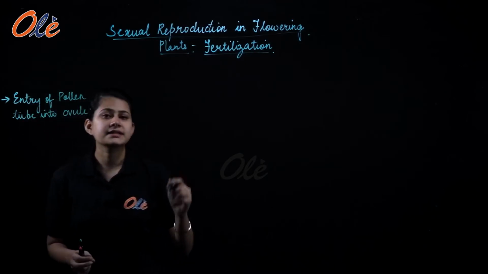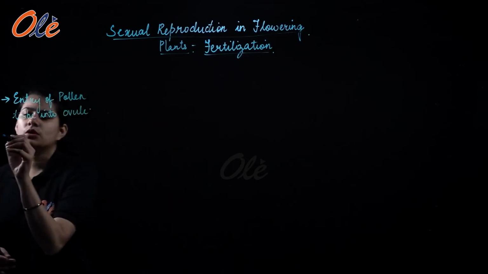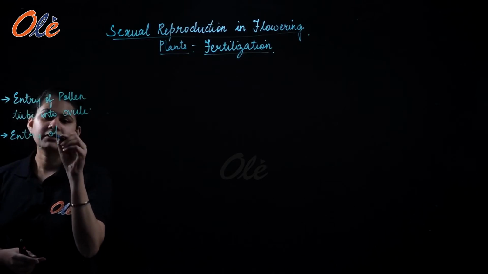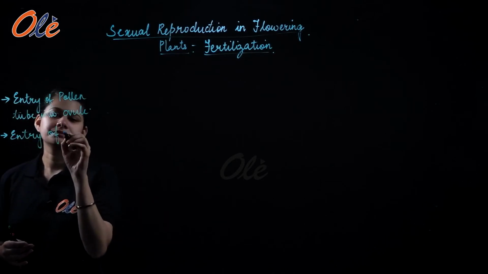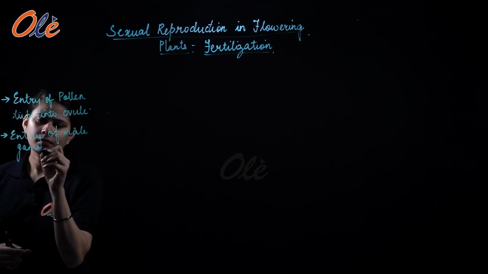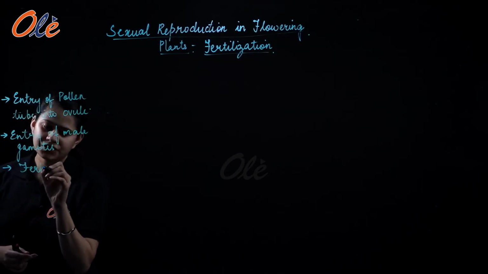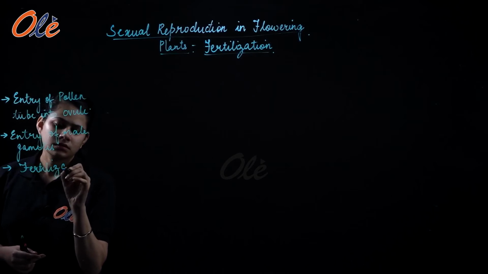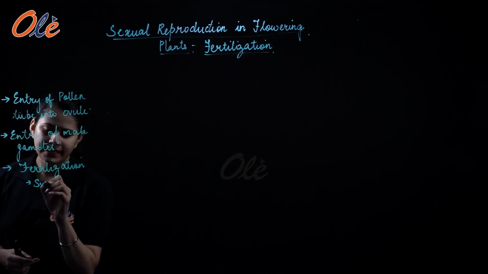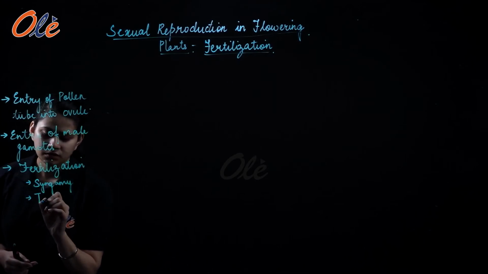Alright, after this the pollen tube enters and then the male gametes have to enter. So we will also be talking about the entry of the male gametes and whatever happens to the pollen grain thereafter. And then we will be going ahead with fertilization, in which we will actually consider two processes, which are syngamy and triple fusion.